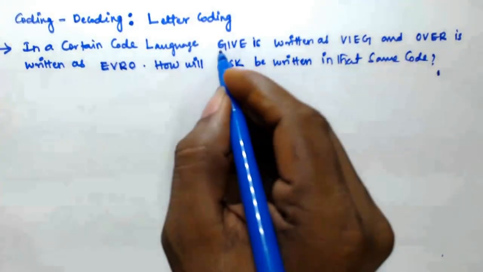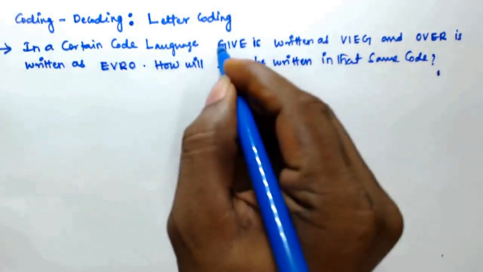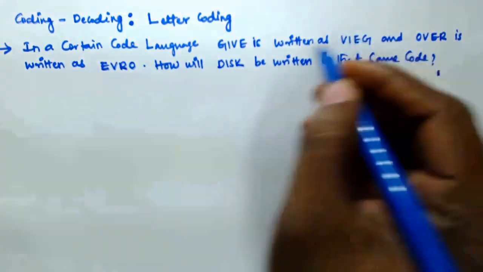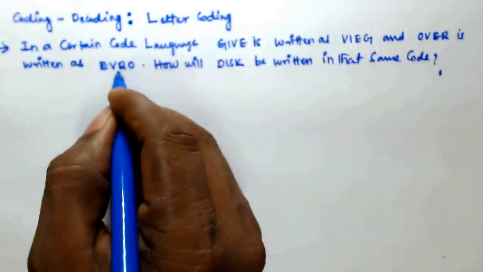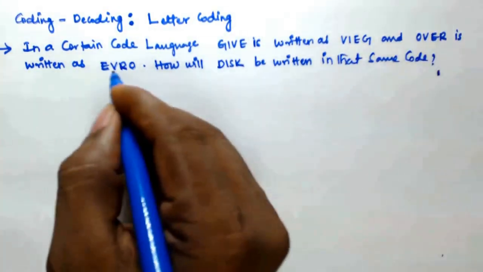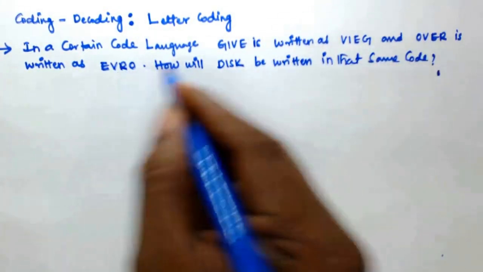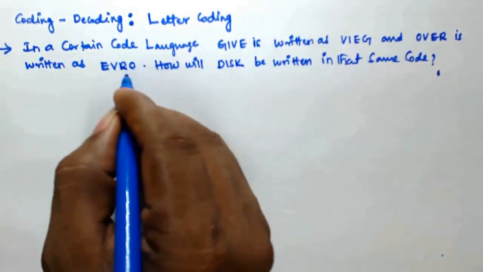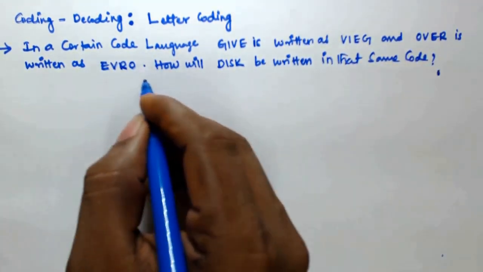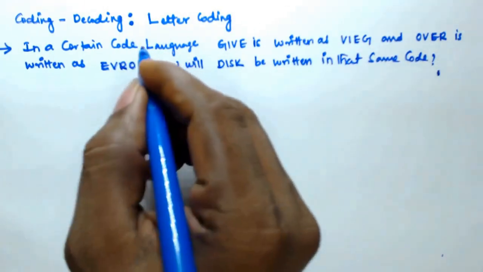If you observe, GIVE is written as VIEG, and GIVE and VIEG contain the same kind of letters: V, I, G and E appear in both. And OVER is written as EVRO, so OVER and EVRO also consist of the same letters. When the word and its coded word both contain the same letters, it is called letter coding.